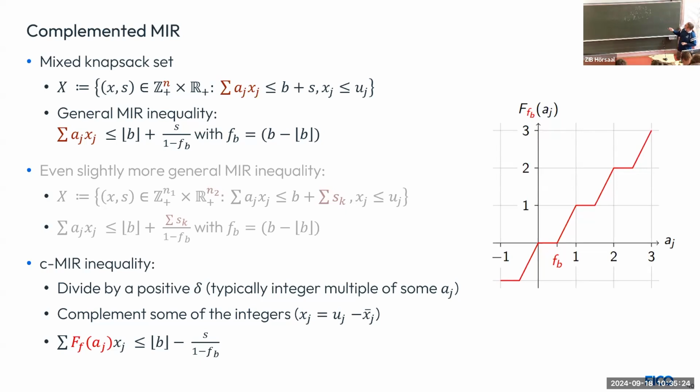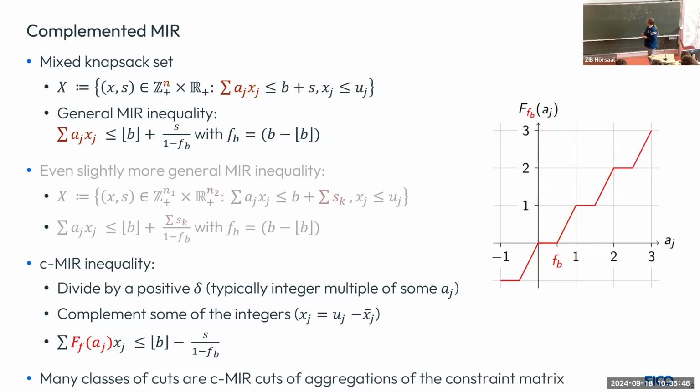And then you have complemented mixed integer rounding cuts, which is again a heuristic procedure. So what you do here is you divide your original constraint by some positive deltas, complement some of the integers, and derive a mixed integer rounding inequality for this.